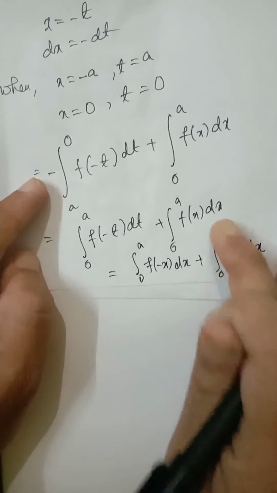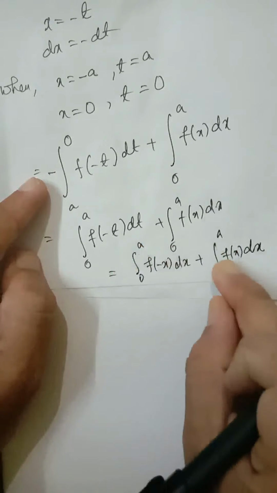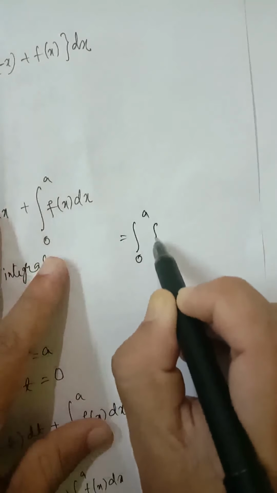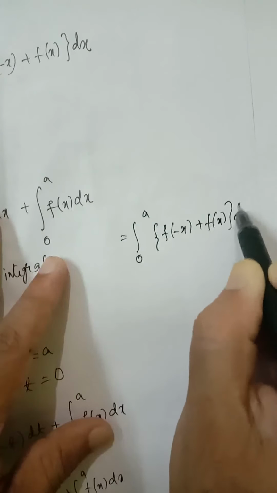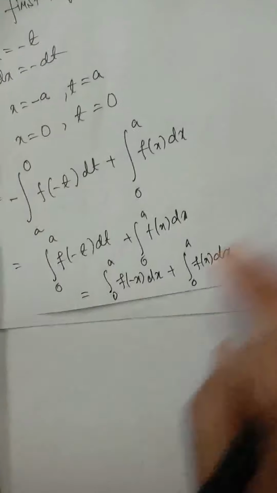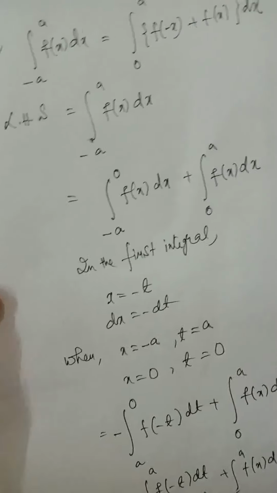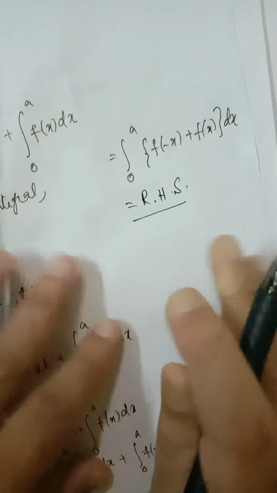Now you can see 0 to a are the lower and upper limits in both integrals, so we can combine these two and write the integral from 0 to a of [f(-x) + f(x)] dx, which is the right hand side. So this is the proof of the theorem, and you can easily prove the remaining parts.